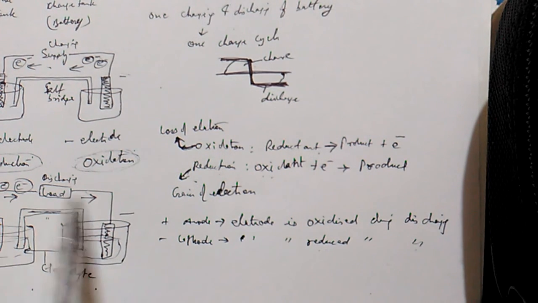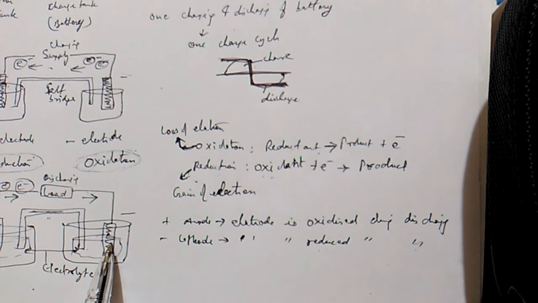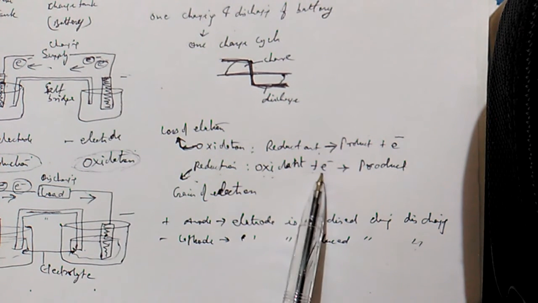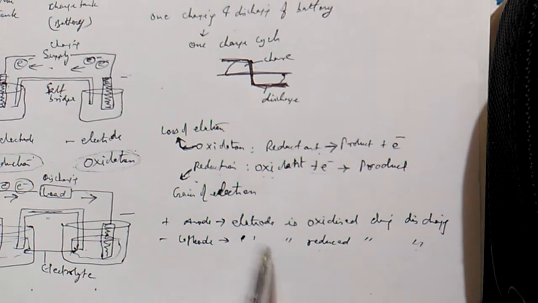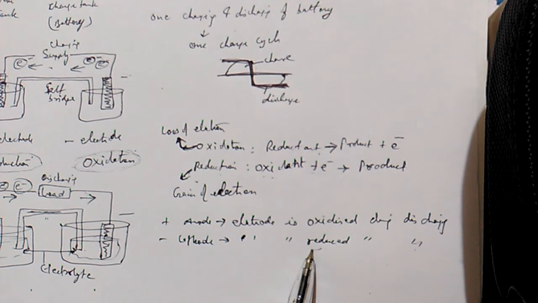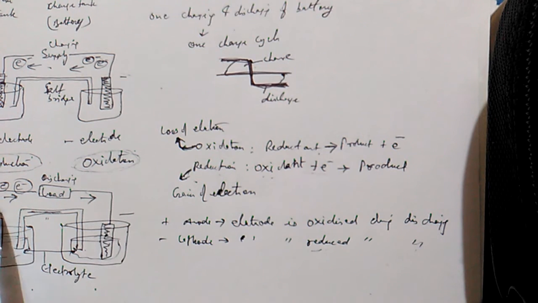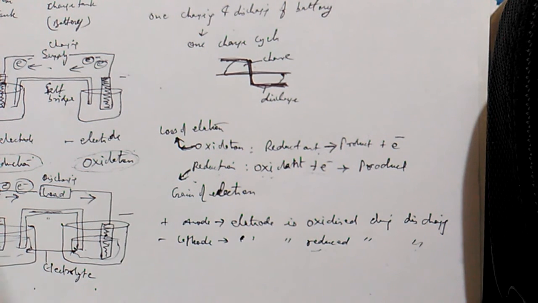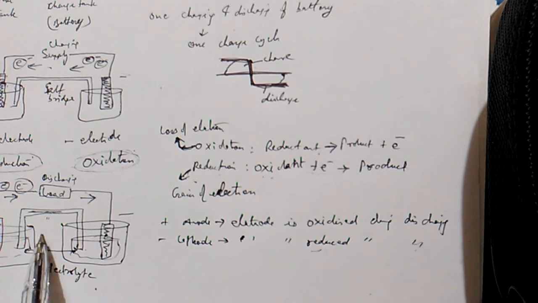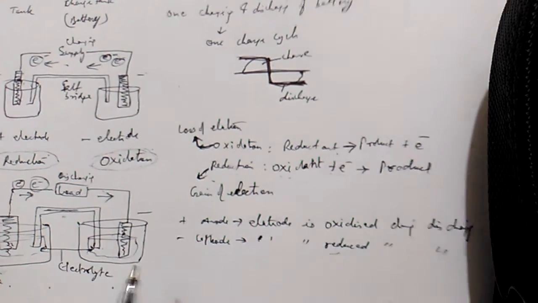Means the electrons will come to this side, reduction. So this side is reduction, and here is oxidation. So the anode electrode is oxidized during discharging, you can see.